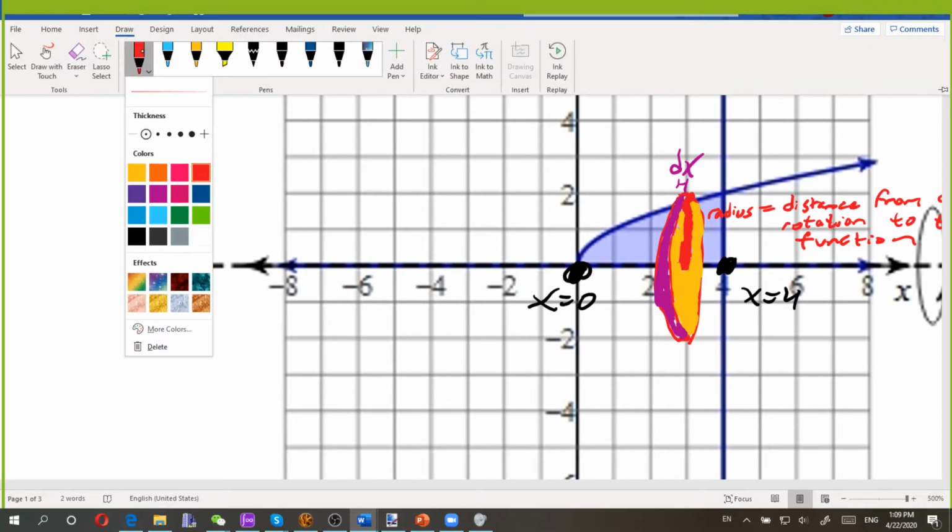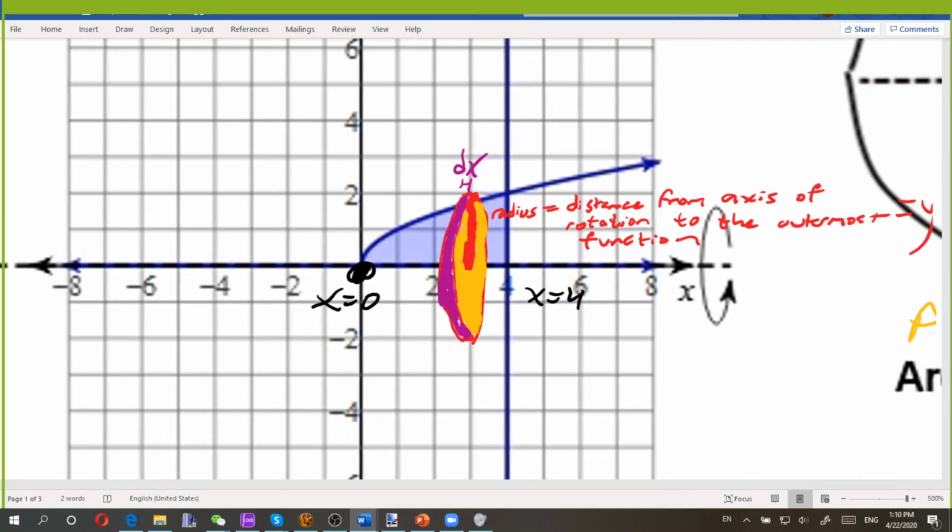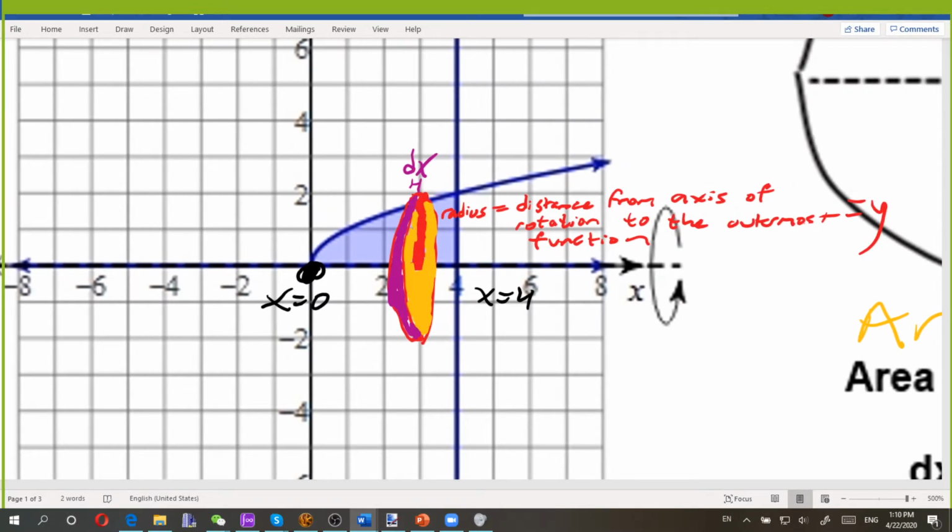So in this case right now, our radius is from here at the axis to here at the top of our function. So I can say that that radius right now is equal to the y value. Whatever the y value of this y equals the square root of x is, should give us the distance for our radius here.